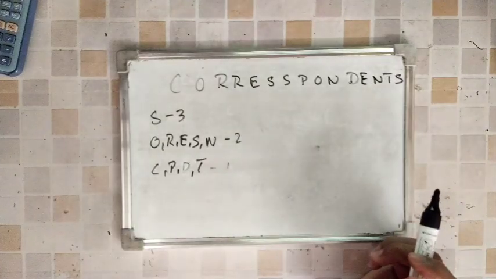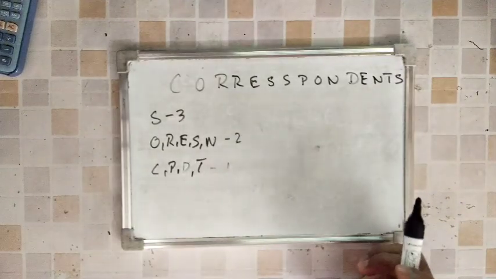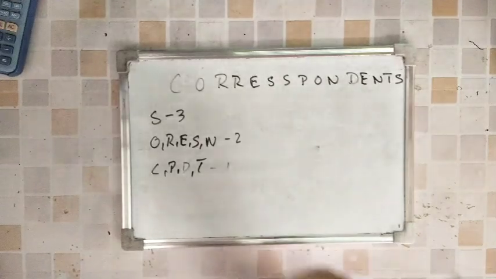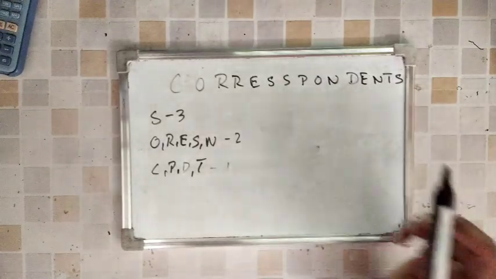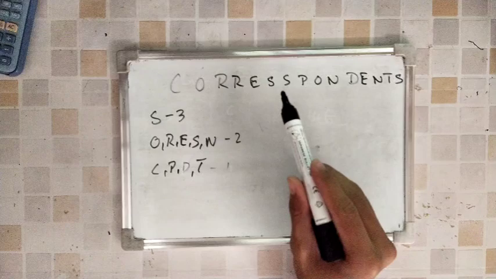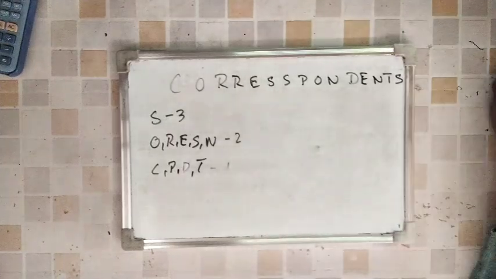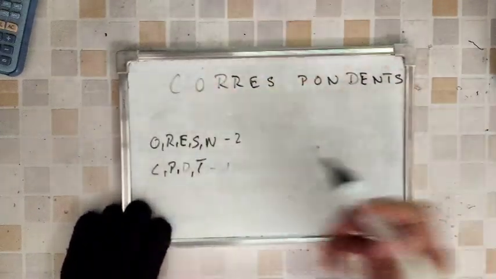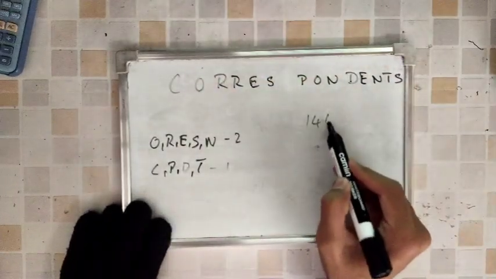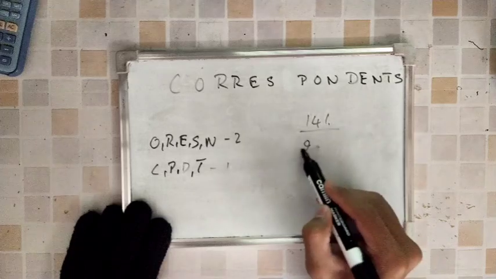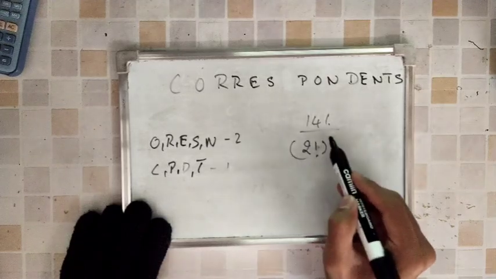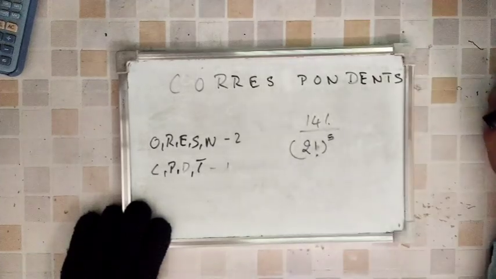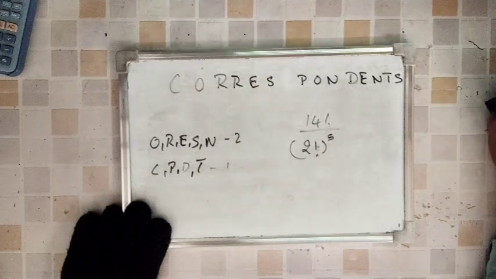Okay, so the set of all permutations of the 14 letters. Let me see the question one again. Okay, only one S, yeah, okay, correct itself, right. So like I said, 14 factorial divided by 2 factorial to the power of 5, that is my total number of permutations.